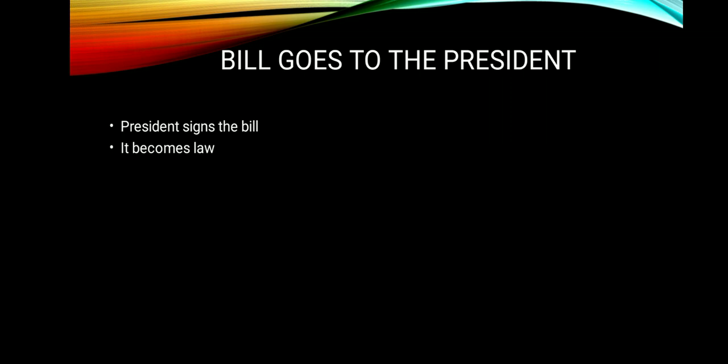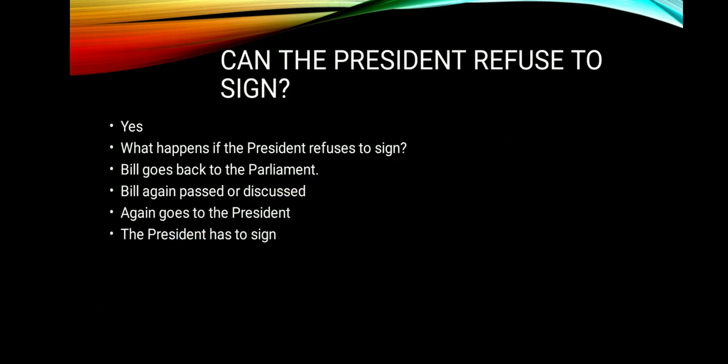The answer is yes. What happens if the president refuses to sign? If the president has some doubt over the bill, he can send the bill back to the parliament for reconsideration.